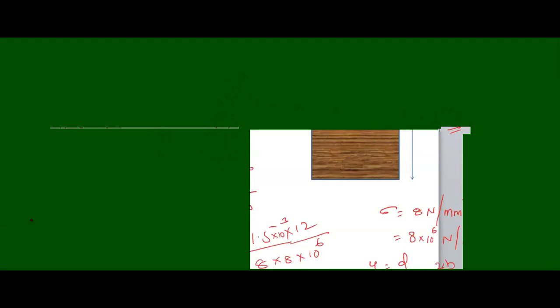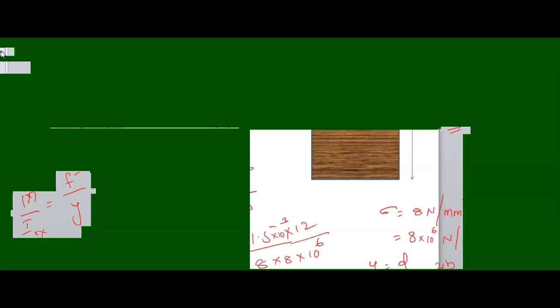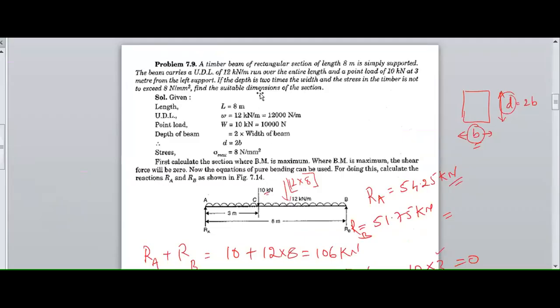Now I know the standard equation, M by IXX is equal to F by Y. So here F is also a known value. If you see the problem, the timber should not exceed 8 Newton per mm square.